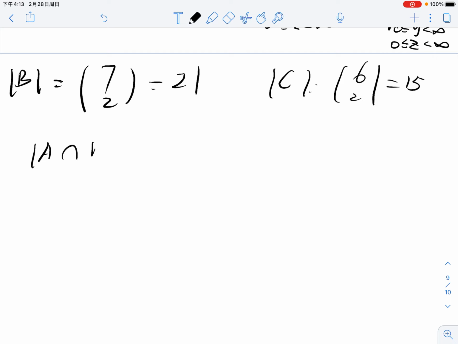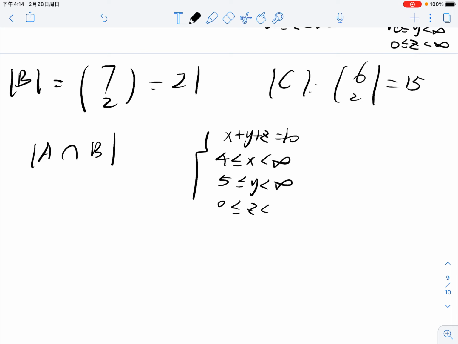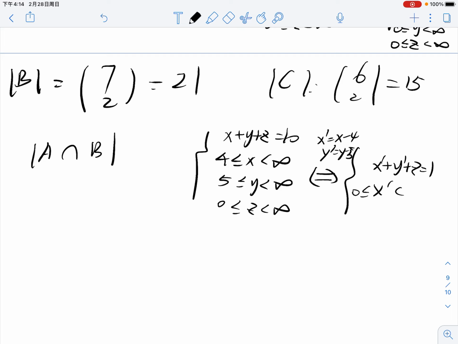Okay, and then for A in section B, the original question is formulated in the following system of equations, and then it's equivalent to, let's say, x prime equals x minus 4, y prime equals y minus 5. So this is x prime plus y prime plus z equals 1, x prime greater than 0, y prime greater than 0, z prime greater equal to 0.